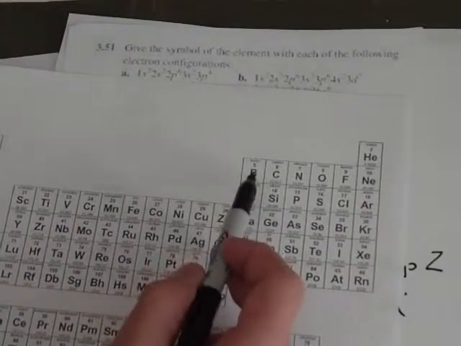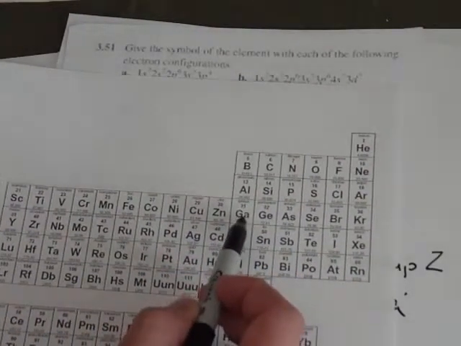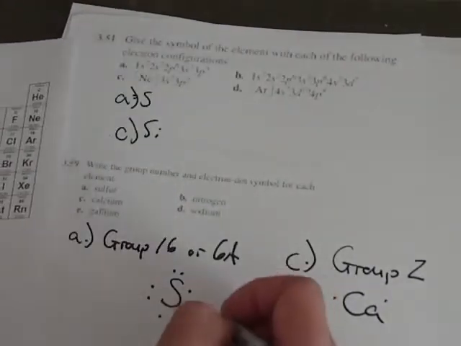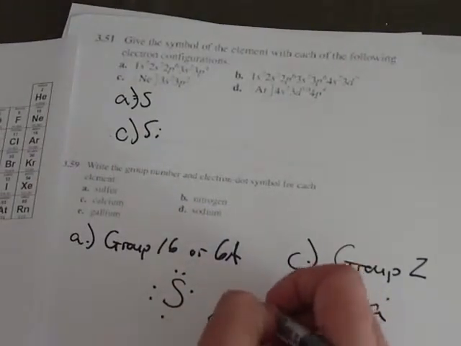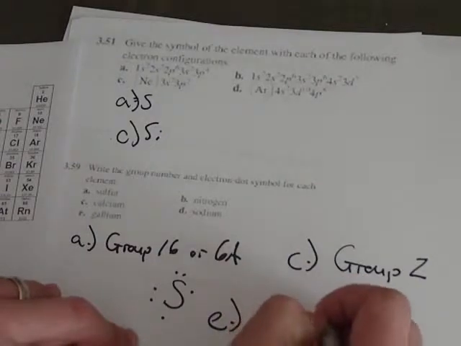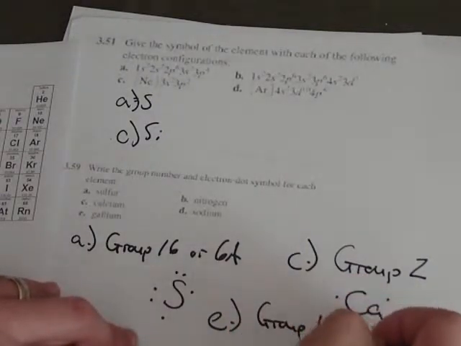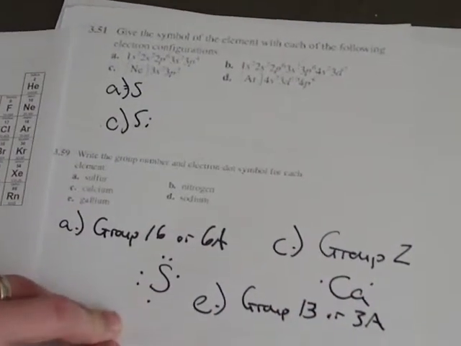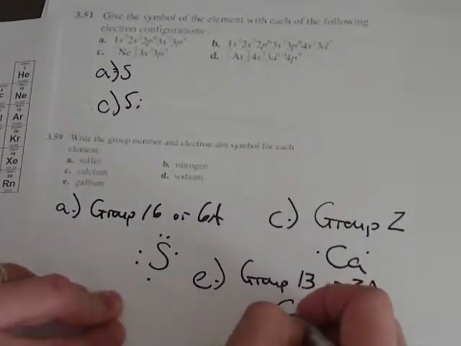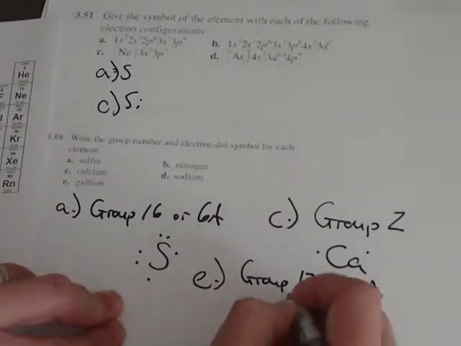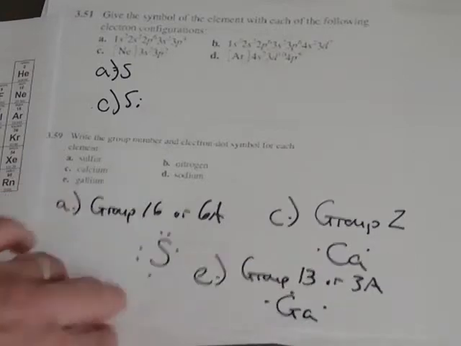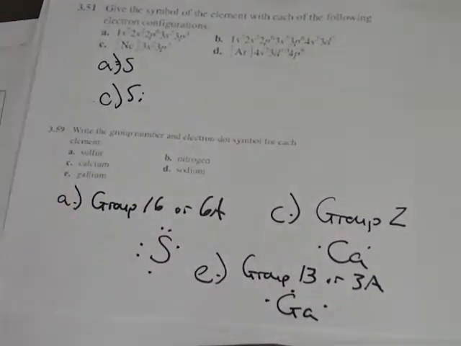Gallium is group 13 or 3A, Ga right there. And so then E is group 13 or 3A, which means 3 valence electrons. So you put Ga, 1, 2, 3 dots around the Ga.